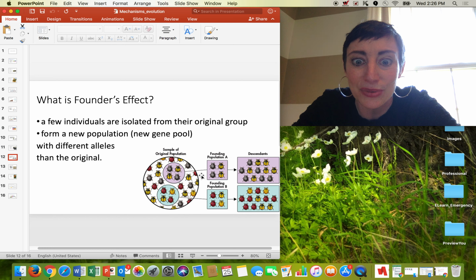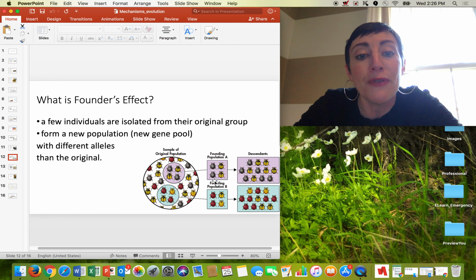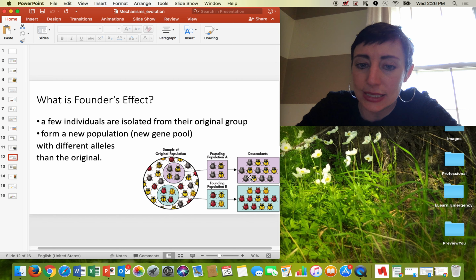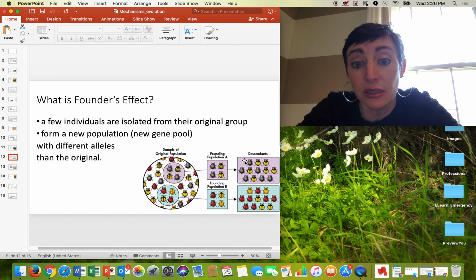Yeah, than the original. So then as this founding population grows or increases in size through reproduction, we see that their genetic diversity is much less than the original. Do you see that? Look here down at the picture.